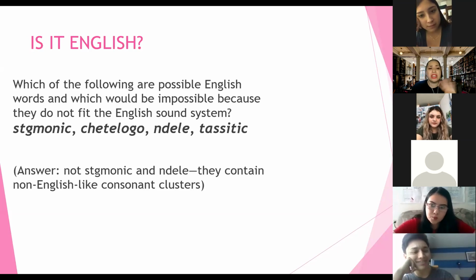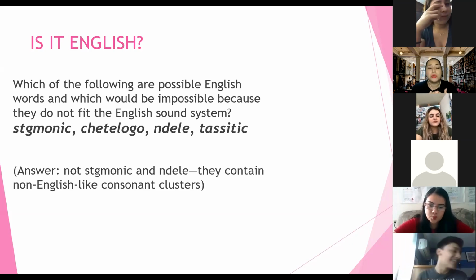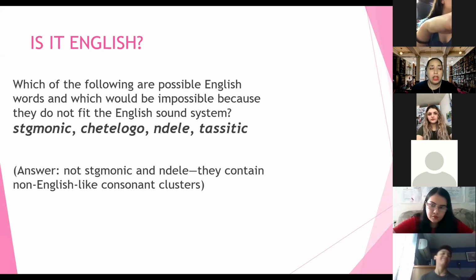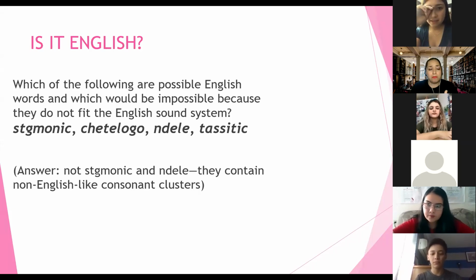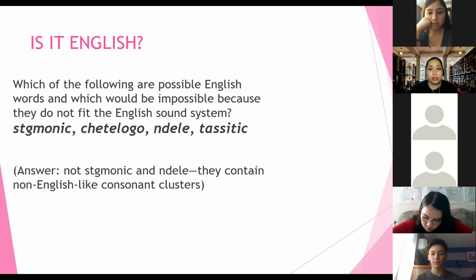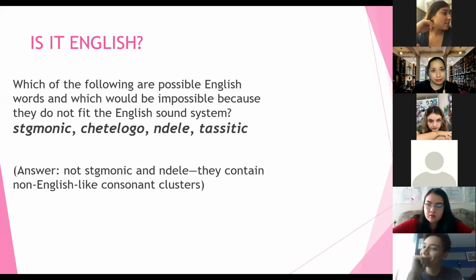They contain non-English-like consonant clusters. So it's something that you learn to understand with time. These types of words, you will know how to identify them when you start reading, when you start not just practicing simple English, but you need to get the habit of reading.